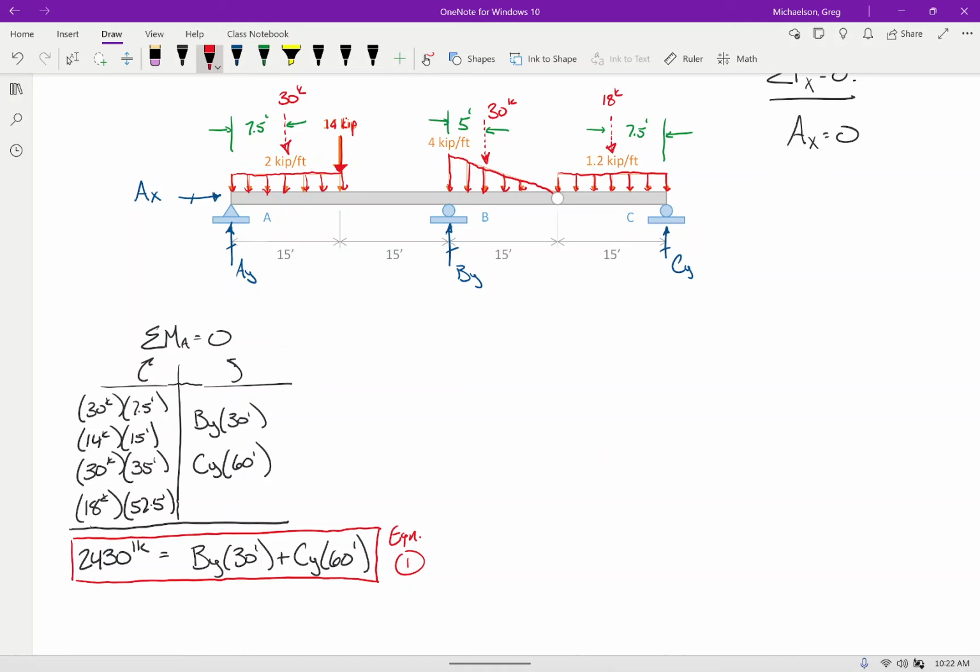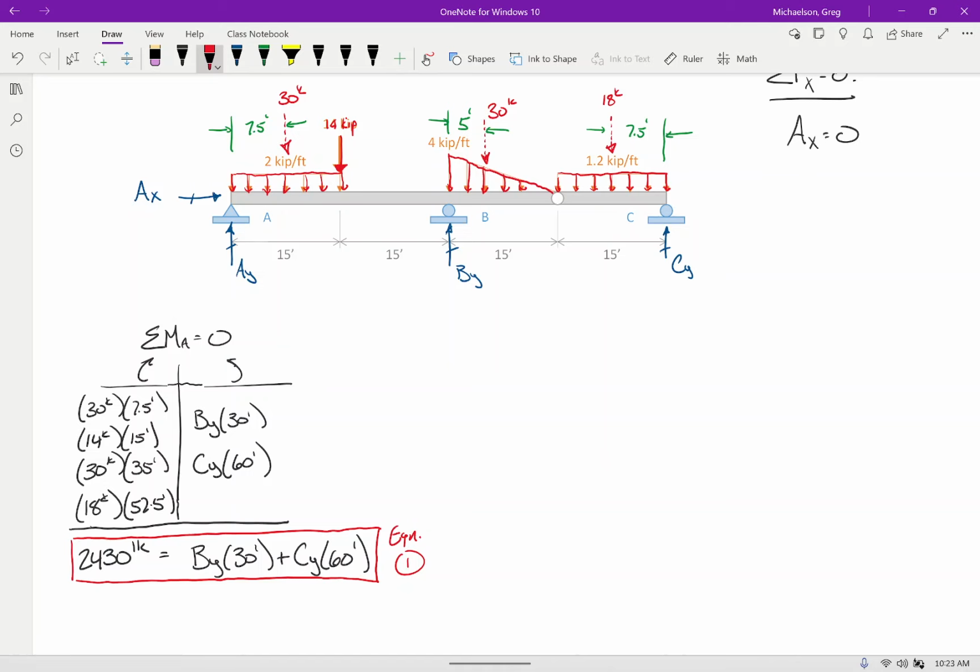It just tells us how they compare to one another. If I take whatever BY is times 30 and whatever CY is times 60 and add them up, I'll get that. So maybe a way of thinking about it is if I had some magic tool to figure out what BY was, I could plug it in and solve for CY. Does that make sense?